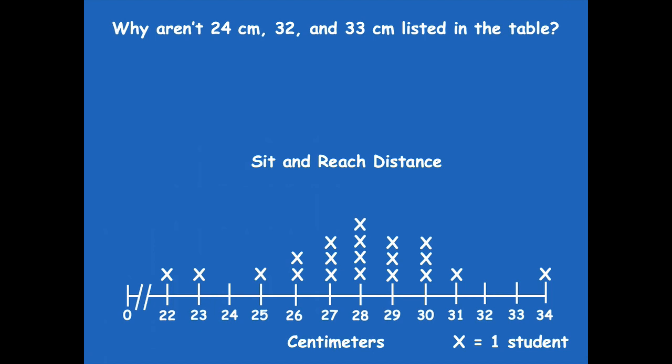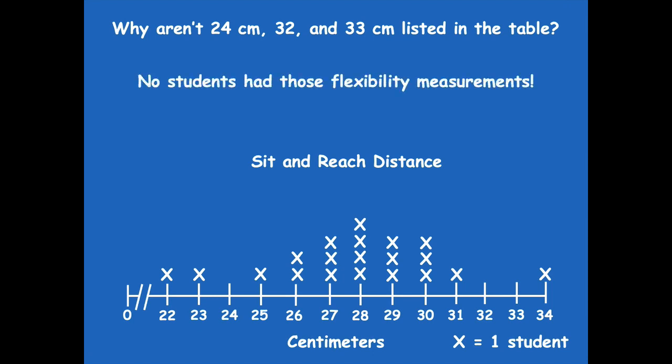So why aren't 24 centimeters, 32, and 33 centimeters listed in the table? Because no students had those flexibility measurements. We still include those measurements on our line plot because if there are no X's shown for that measurement, then someone reading the data would know that there were no students with those flexibility measurements.